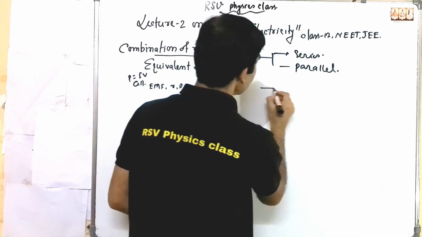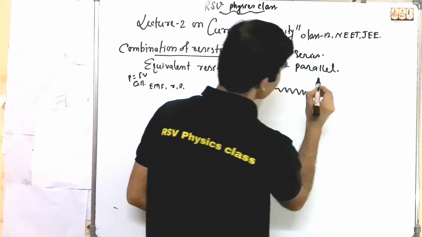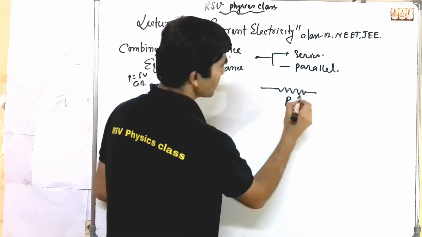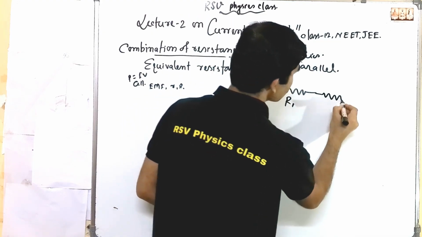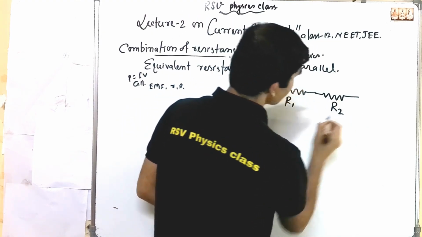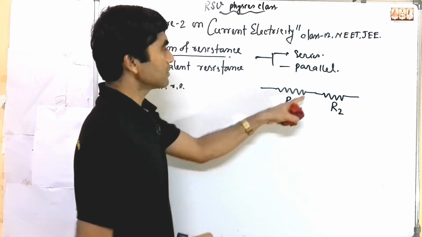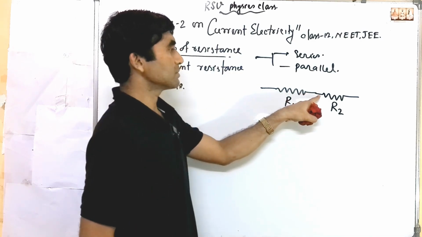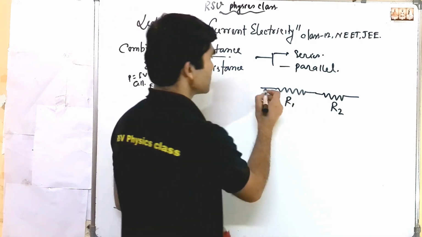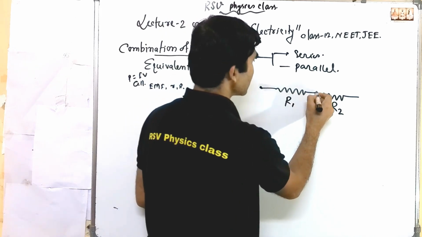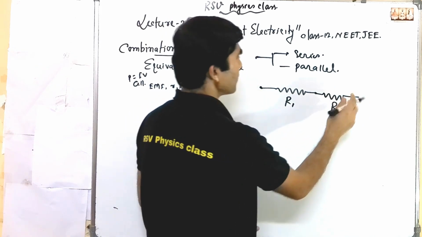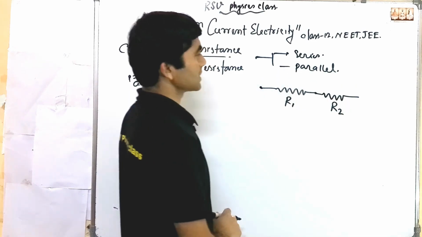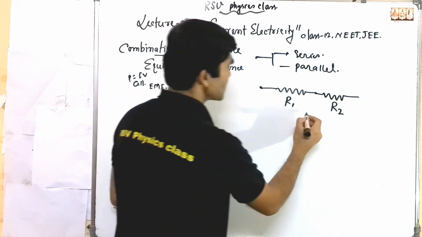So when one resistance R1 and another resistance R2 are connected by one's end to another's beginning, this type of connection is called a series combination.